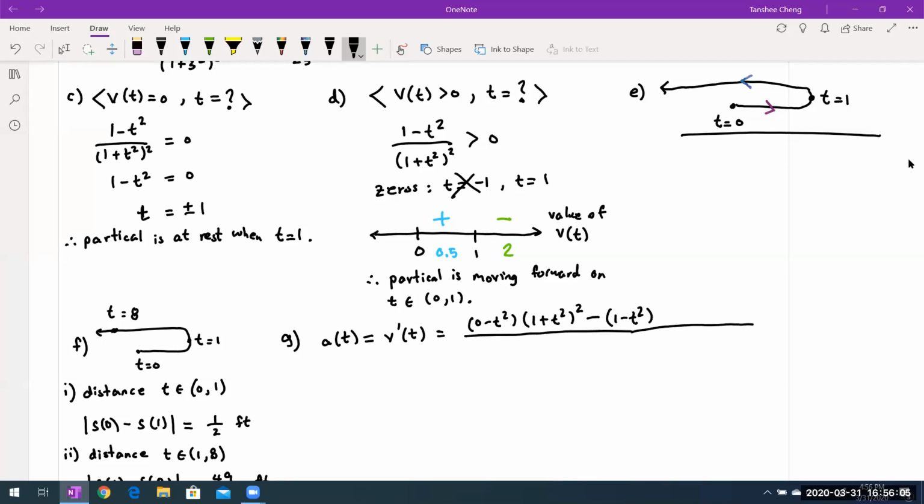I need to use the chain rule, which is 1 plus t squared to the first power, and taking the derivative of the inside, that will be 0 plus 2t. And all over 1 plus t squared.